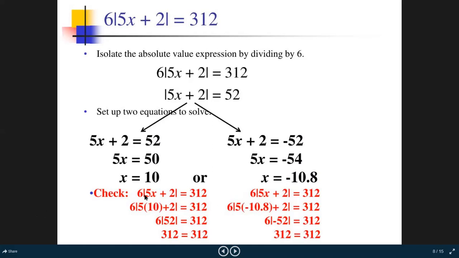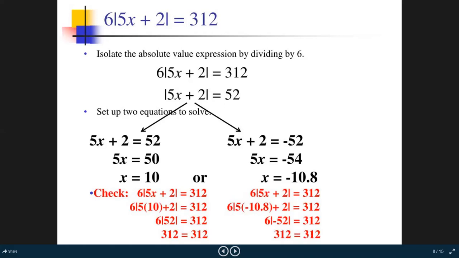Now check your answer. The given equation is 6 times the absolute value of 5x + 2 equals 312. Keep this here. You always check the value in the given question. Don't try to put the value of x in the new equation which you made, but always put the value of x in the given equation.